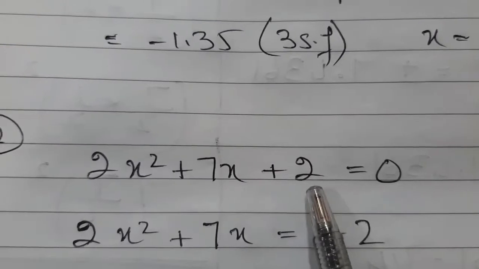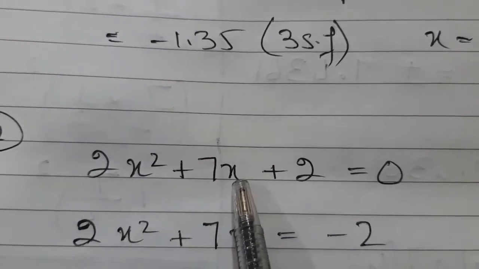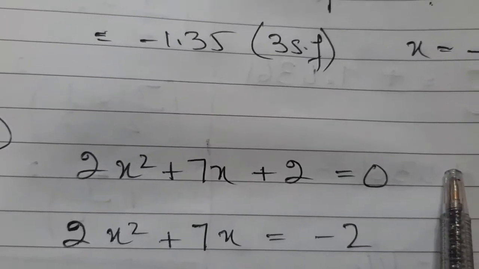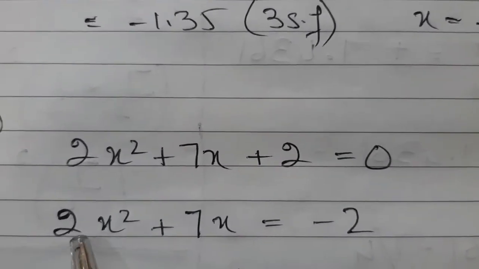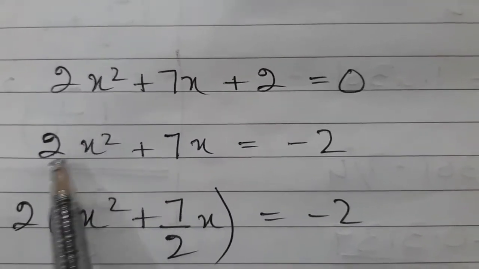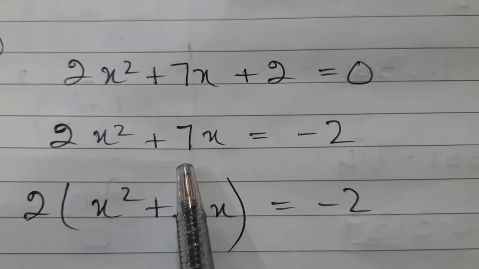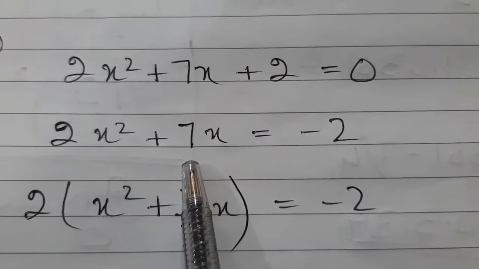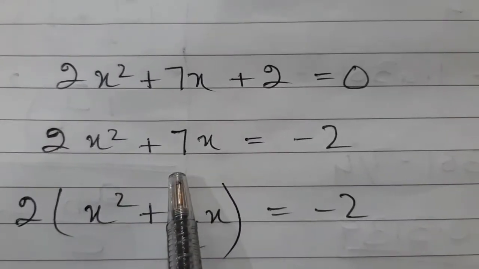Because the constant has nothing to do when we are changing this side into a perfect square, we just take it to the other side, right? So this will become minus 2. Now to bring 1 here, what will I do? I'm taking 2 as a common factor out, so this will become 7 over 2. If you are not very comfortable with this, just remember the number which you are taking out here will be divided by this.